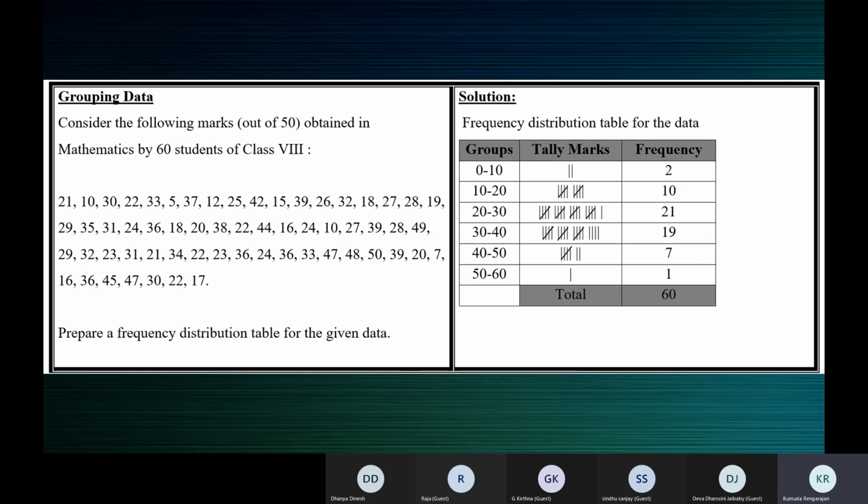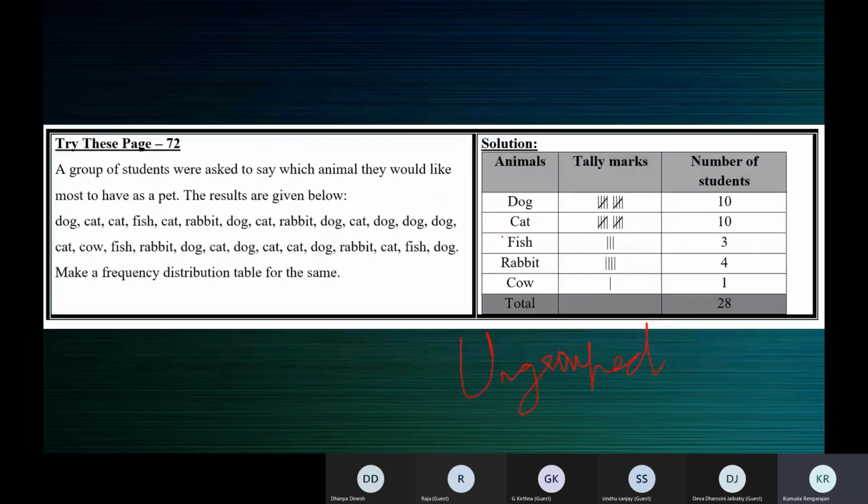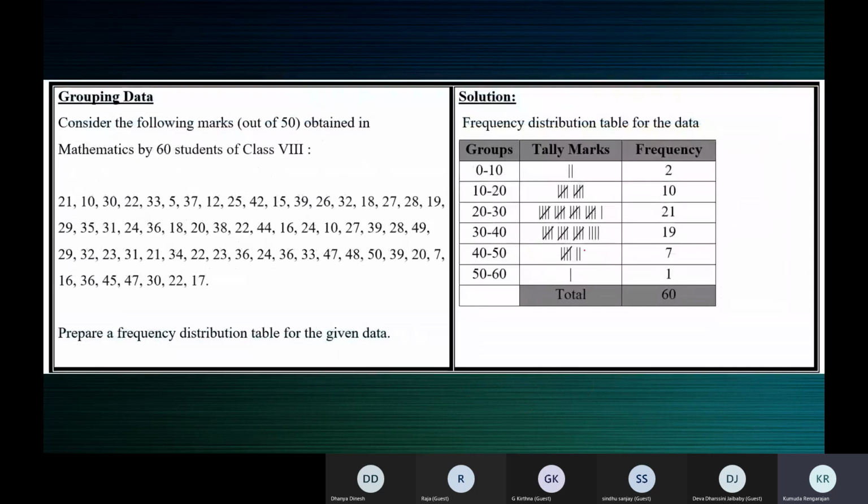So the question is, prepare a frequency distribution table for the given data. And what we have prepared is a grouped frequency table. The earlier one I said was ungrouped. This one is a grouped frequency distribution because it has class intervals.